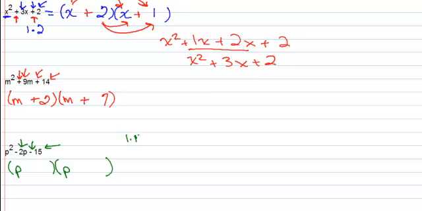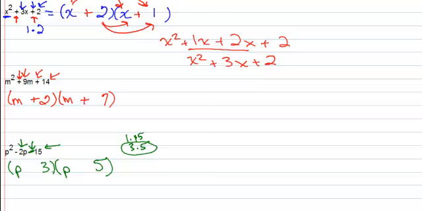Again, we've only got 1 times 15 and 3 and 5. Which of those subtract to 2? There we go. So we know that it's going to be 3 and 5. And then we know that the signs have to be different because that's negative. There's only one way to get a negative number when we multiply them together, and that's for the two signs to be different.